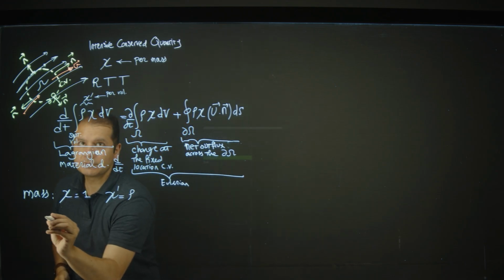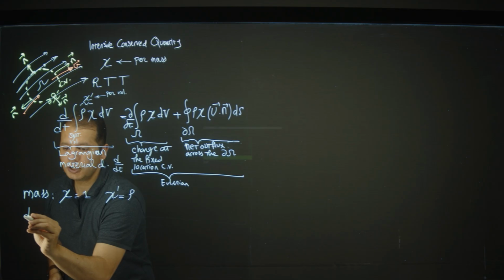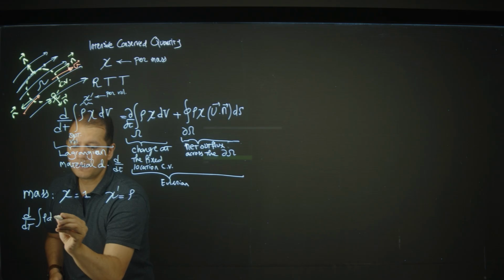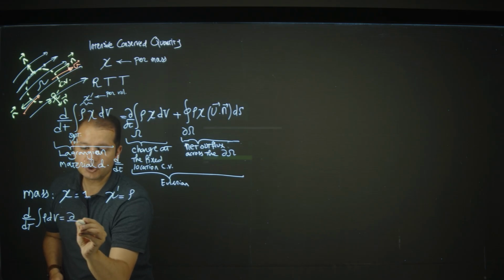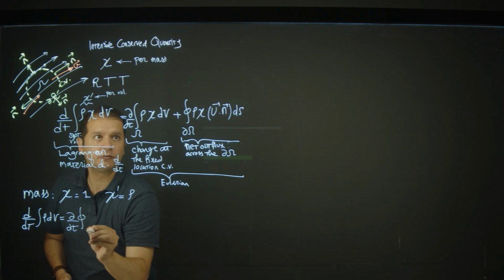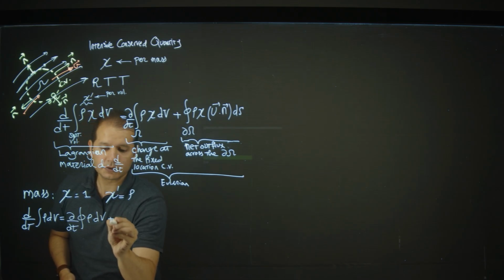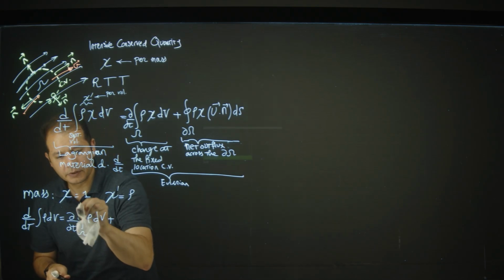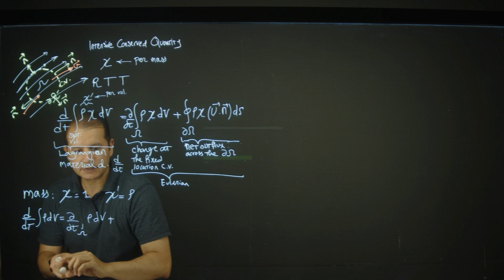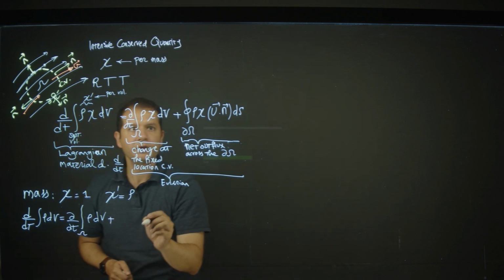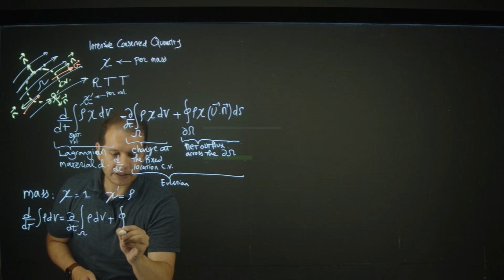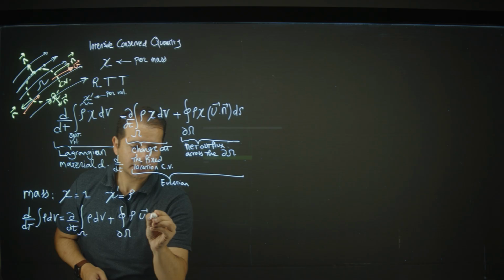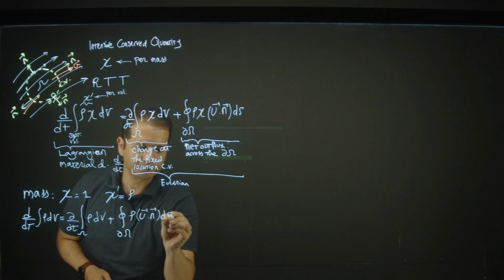That means the total change of my mass in a Lagrangian system will be the change over time across my control volume of rho dV, plus the integral over the boundary of my control volume of rho u dot n dS.